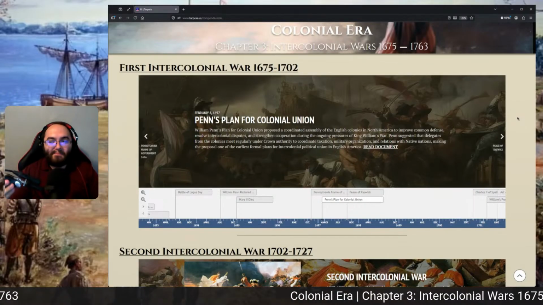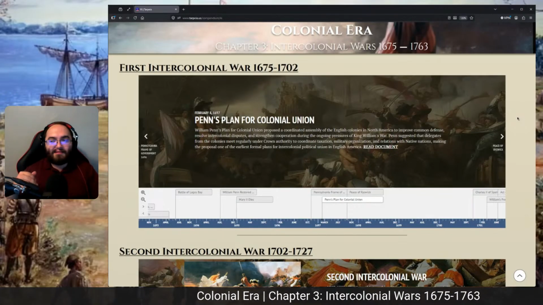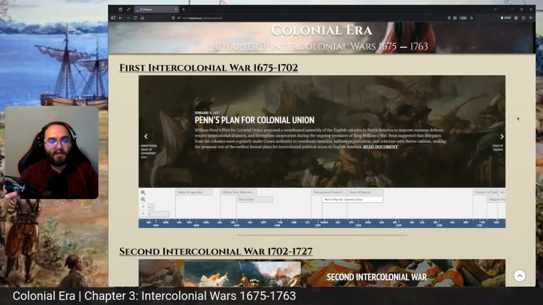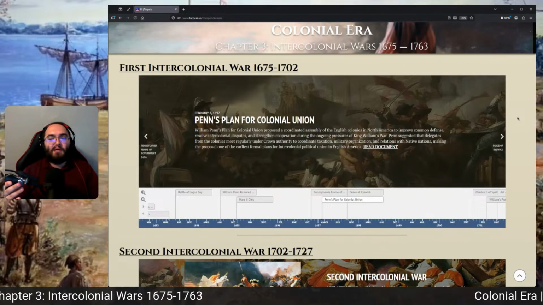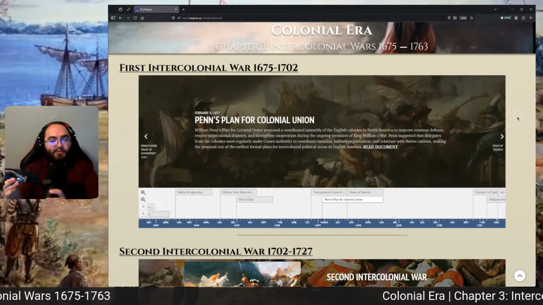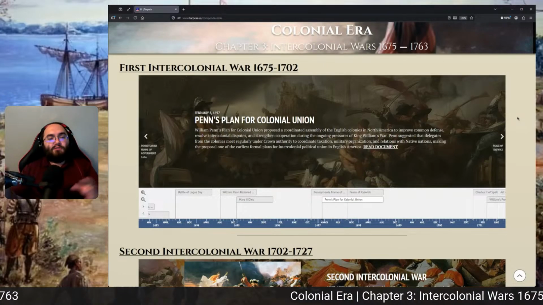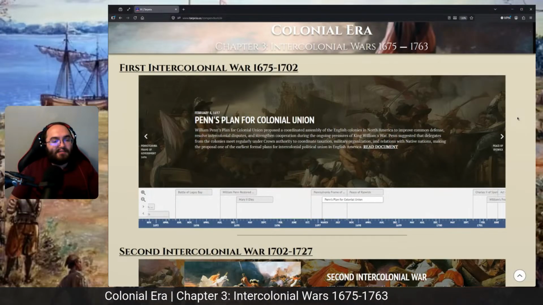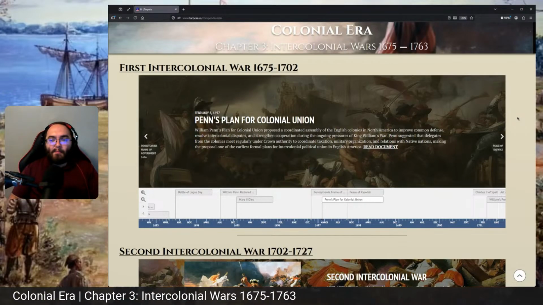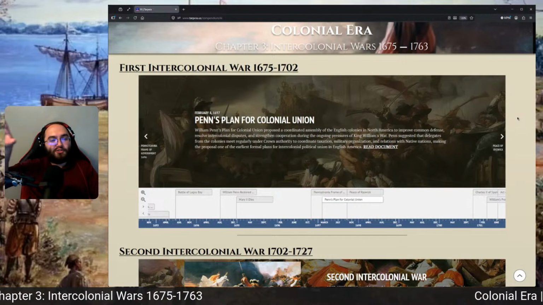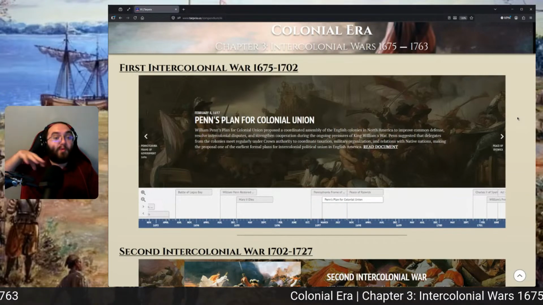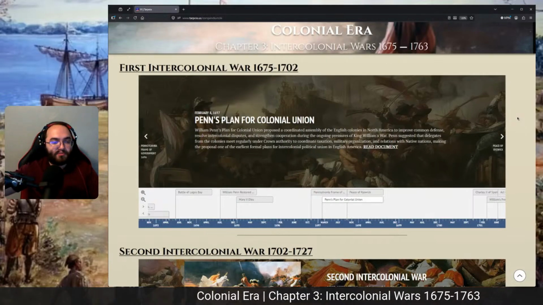The colonists want to work together. They want to cooperate. They want to establish this joint assembly all the way back in the 1690s, as long as it's not the British, the King and Parliament forcing us to do it. We want to do it on our own terms.